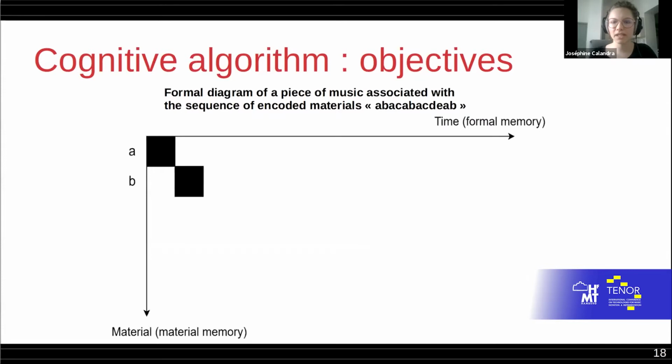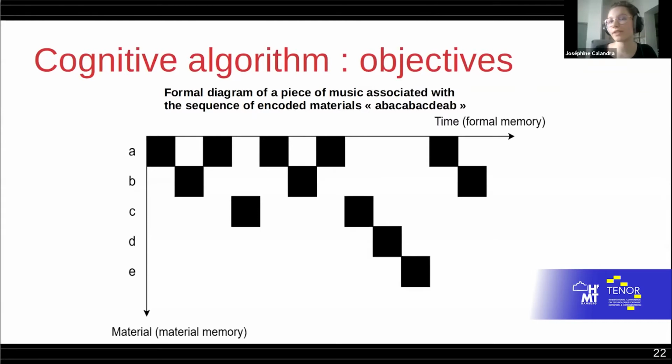A new object B is processed, and it is not similar to A, so it is written in the material and the formal memory. Then A is heard again, so it is not written again in the material memory, but it is stored in the formal memory in the corresponding line. All the information is processed until there is no object left to parse in the piece of music.